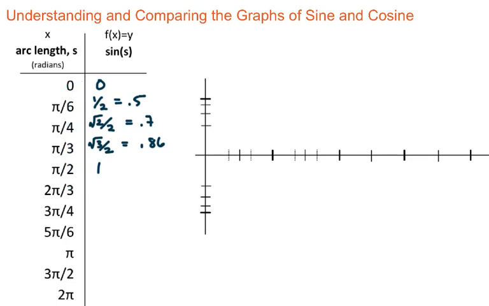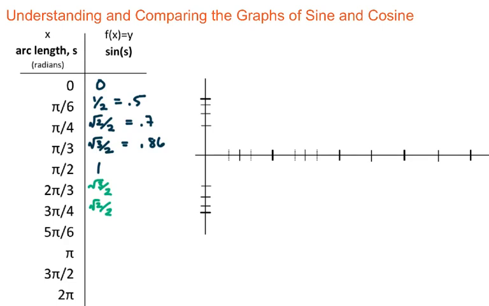So what happens in the second quadrant, going from pi over 2 to pi? Sine of 2 pi over 3 is root 3 over 2, or again that 0.86 value. Sine of 3 pi over 4 gives me root 2 over 2, or 0.7.